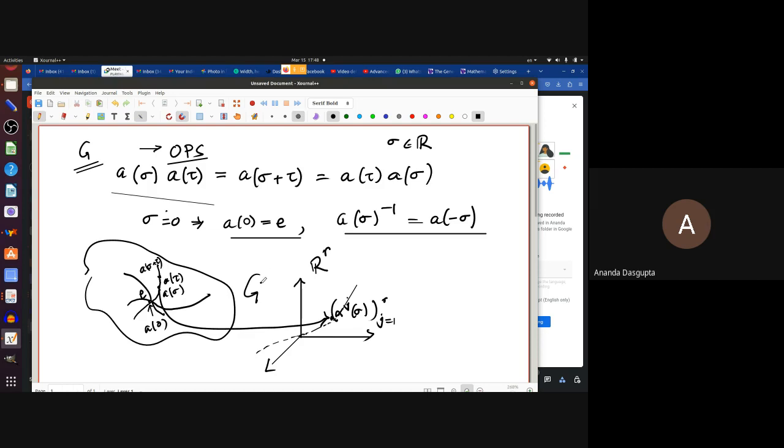And also, as we said, since we have the group as a manifold, which means every element of the group can be characterized by coordinates, small r coordinates. So basically, a point A sigma can also be thought of as a point in this small r dimensional real space with coordinates alpha 1 sigma, alpha 2 sigma, and so on.